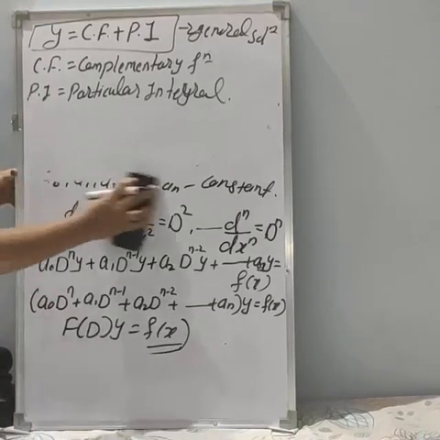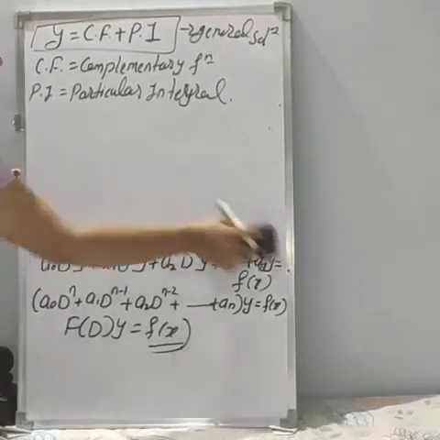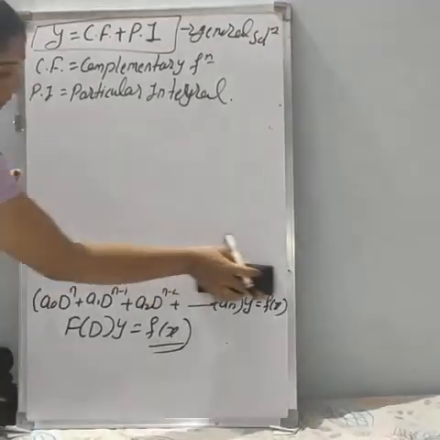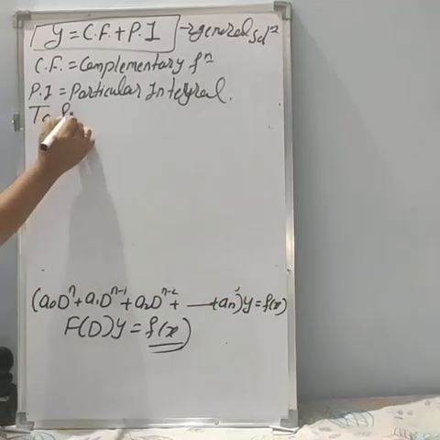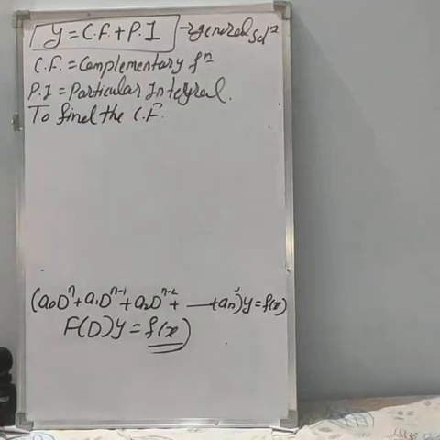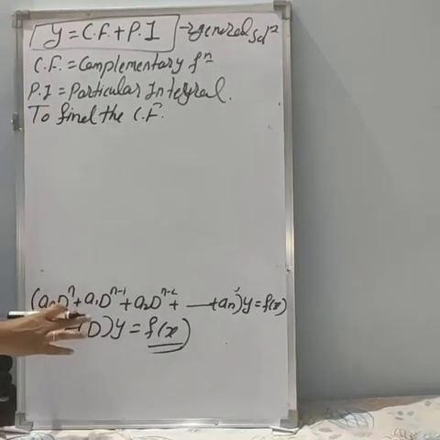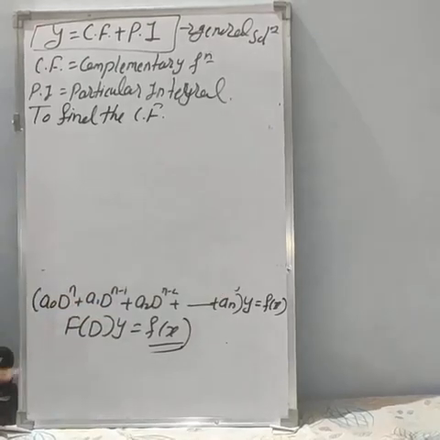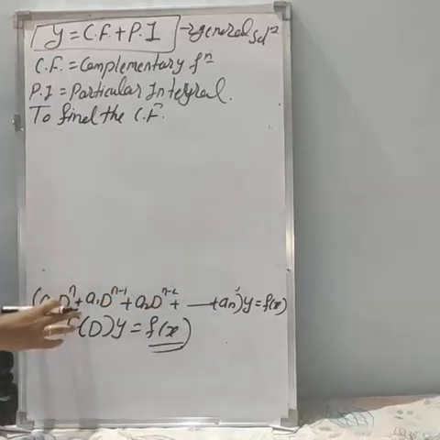To find the particular integral we have to use f of x, but to find the complementary function, the first step is we have to equate the LHS side to 0.